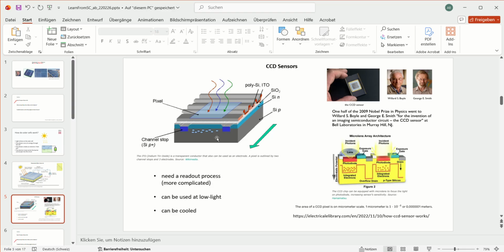But of course, being a semiconductor, it's not straightforward what happens when you cool them, because electrons need energy to be used. People say that the signal is the same when you cool the sensor, but the noise is just lower.